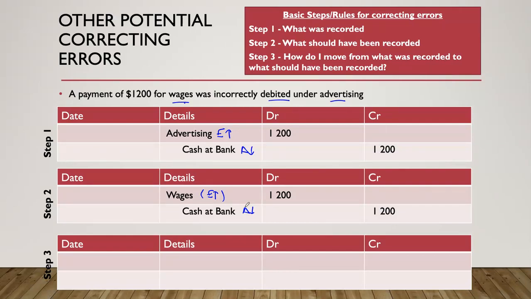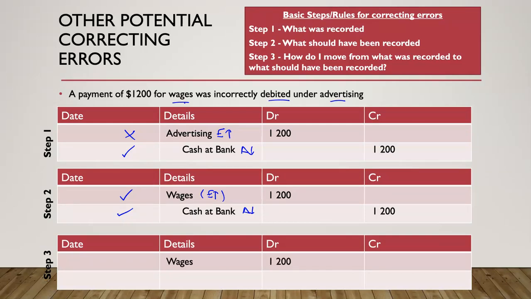And the first thing you need to go is we actually did half of this transaction correctly. The cash at bank part was correctly recorded. So I don't need to touch that. What I need to do is get rid of the advertising and record the wages. So if I have never recorded a wages of $1,200 as a debit, to fix that up, I simply just record that.